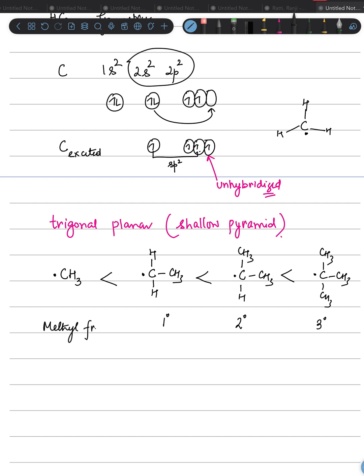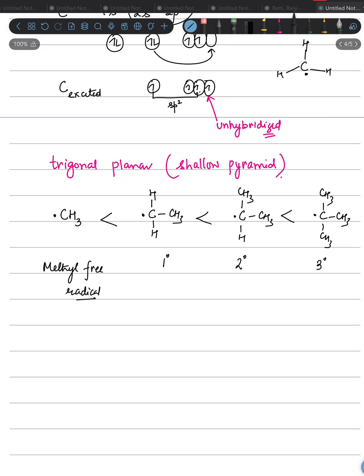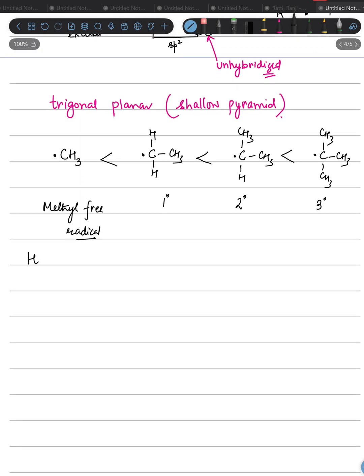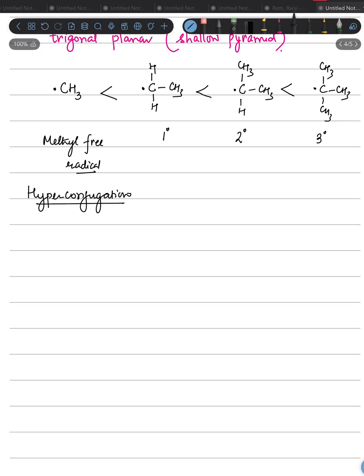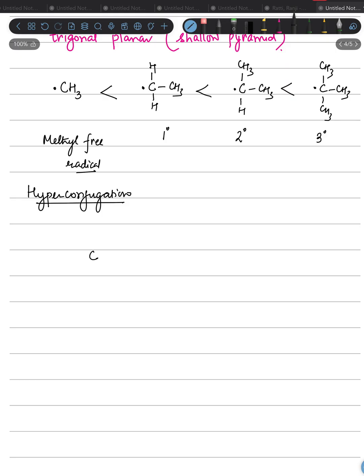Now, why is it so? This stability order can be explained with the help of a phenomenon called hyperconjugation. We'll see what it is. Now, if you look at this carbon, let's focus on this one, okay? So if I focus on that, I would have CH3, right?